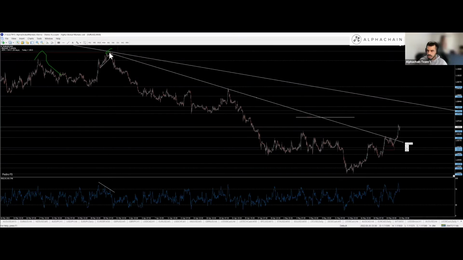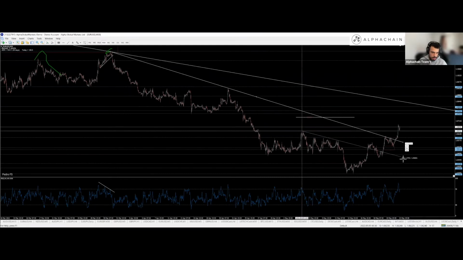Something like this, and you can see that price respected it, and eventually it was broken to the upside. Maybe there was already something like this to be drawn as well, maybe from this high, from here to here. Again, it was respected a few times even after the break.